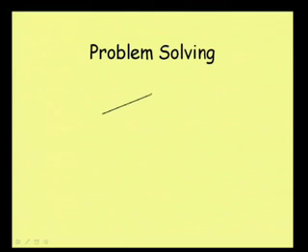I am taking a solved problem from the book, just to explain how this problem is solved. The problem is again this typical loop that we are already talking about.